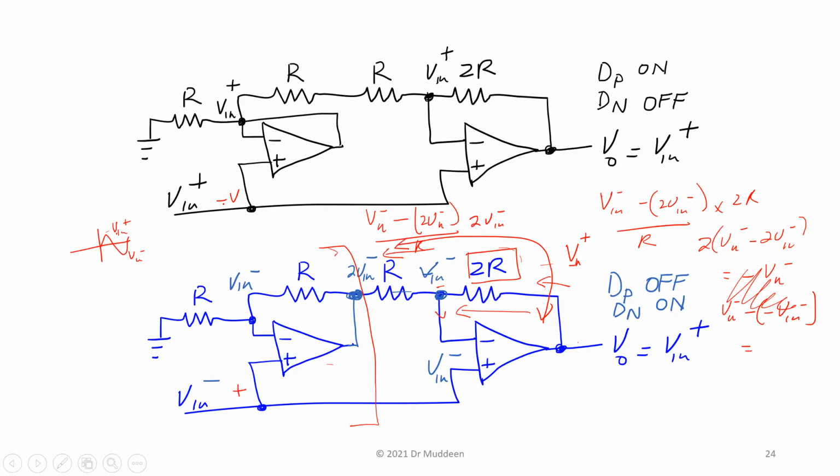So I'll redraw the circuit and record a small explanation of it again, to try and clarify what's happening, and also to explain it in the context of the fact that these are two non-inverting amplifiers. So to explain it in that context a little bit, okay?